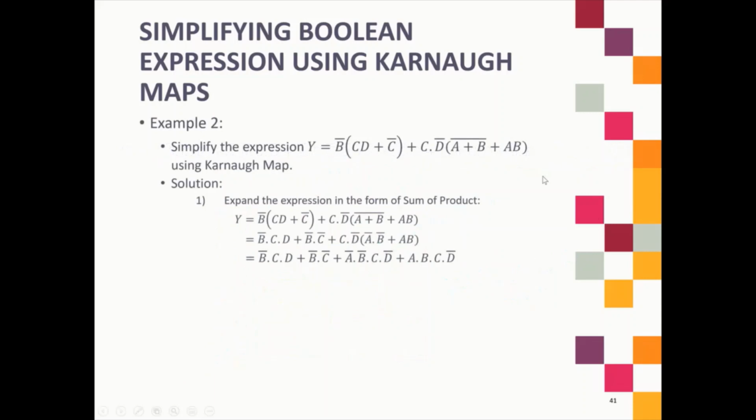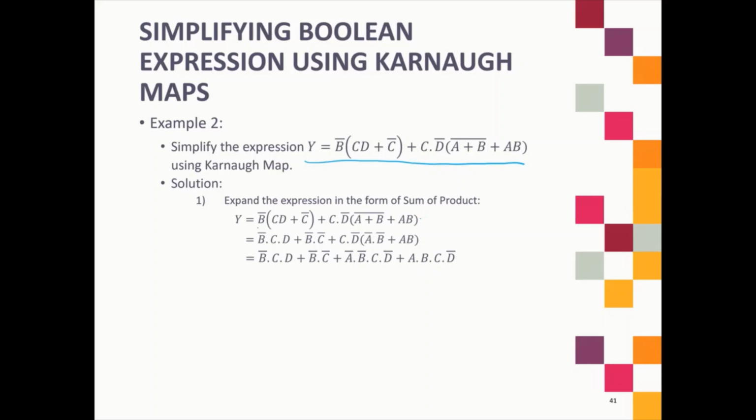Next example. Simplify this expression using K-map. Because this expression is not fully in SOP form, you need to expand the expression. So if you get a question that is not in the form of SOP, you have to change the equation until you get a fully SOP form.